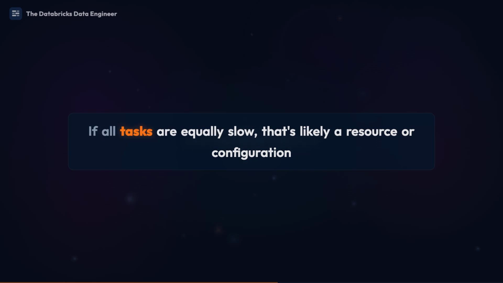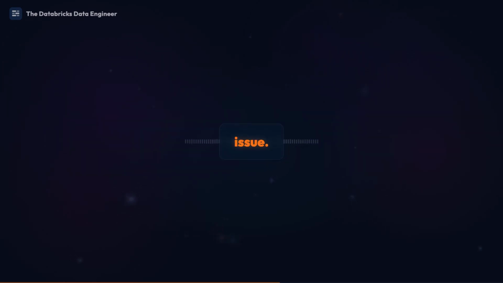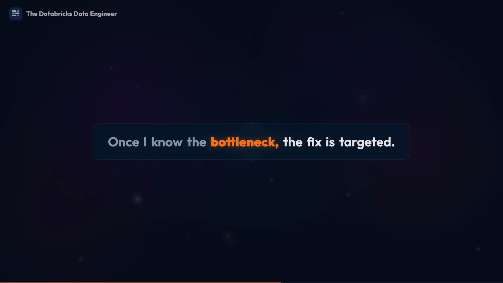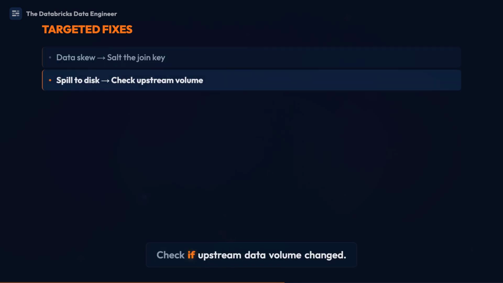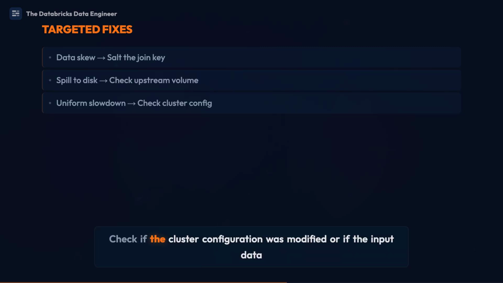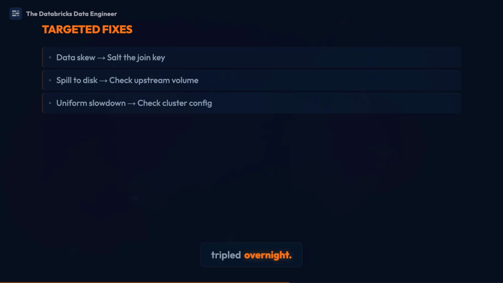If all tasks are equally slow, that's likely a resource or configuration issue. Once I know the bottleneck, the fix is targeted. Data skew, solve the join key. Spill to disk, check if upstream data volume changed. Uniform slowdown, check if the cluster configuration was modified, or if the input data tripled overnight.